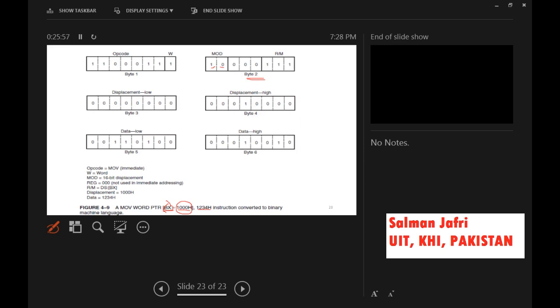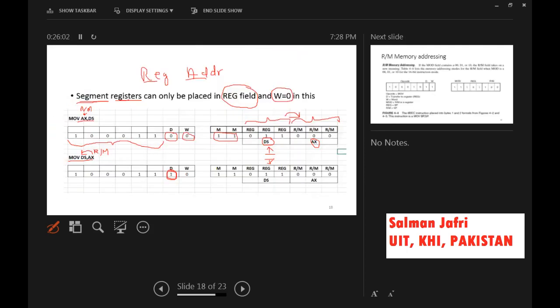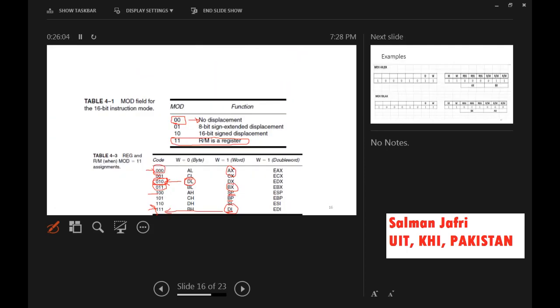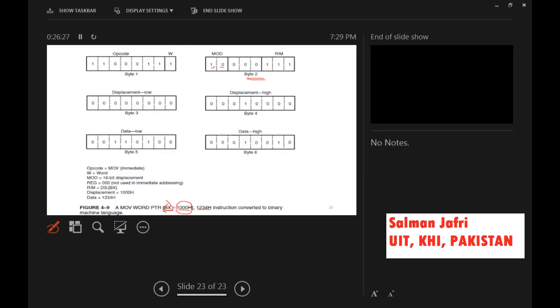So when we have BX in brackets and displacement in brackets, we select mode 10, and 10 tells us 16-bit signed displacement, because the displacement is 16 bits, 1000h, right? So mode 10 is selected.